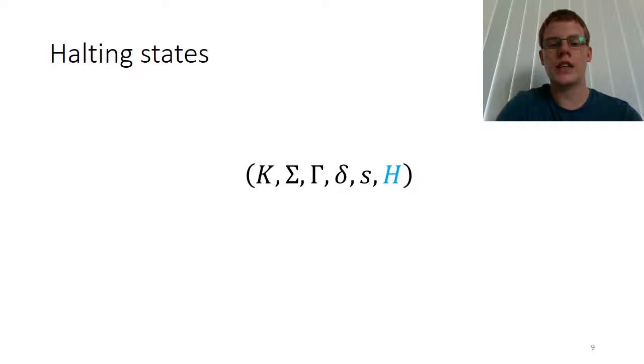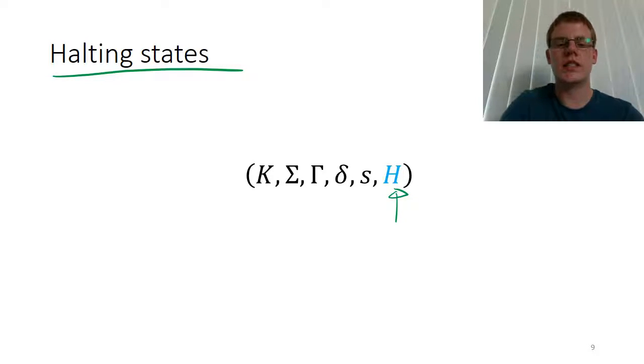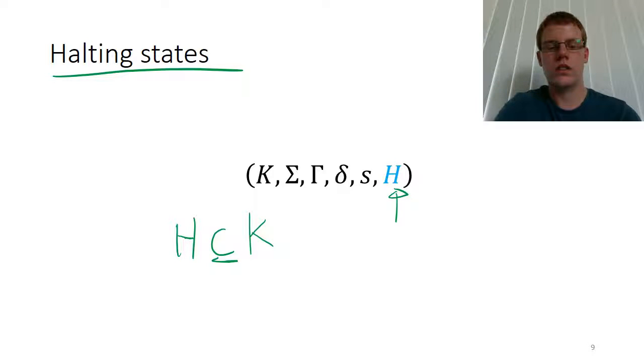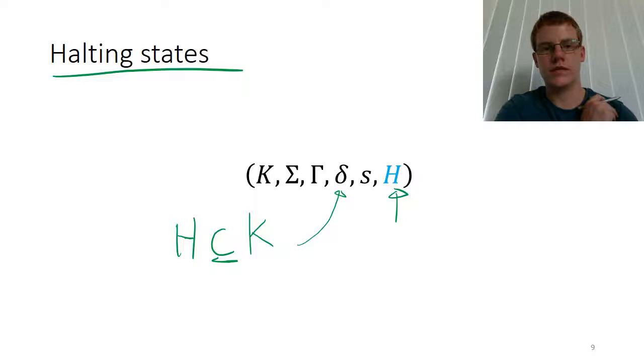So what our set of special states are is the set of halting states. So this is a set of states that if the machine arrives in these states, it halts. So in this case, these are states that there won't be a definition for in delta.